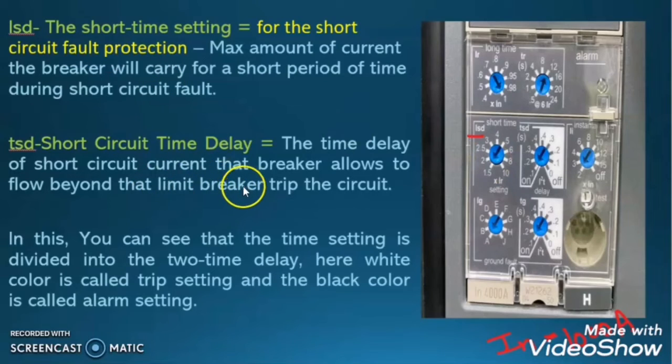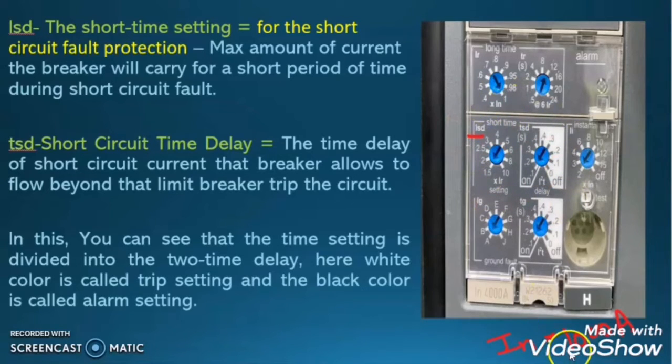Suppose there is a short circuit fault in the load connected by this air circuit breaker, then there will be a huge current due to the short circuit fault. This short time setting defines how much short circuit current will be allowed and for how much time. We can set it by this setting.